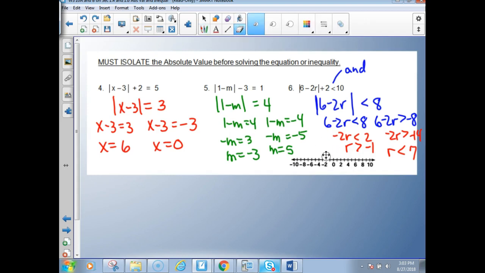What is going to happen on this one? Greater than -1 would be all of that. Less than 7 would be from here on down. It was an and, right? So where should I erase?